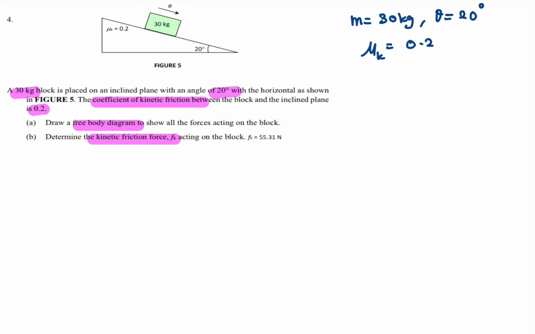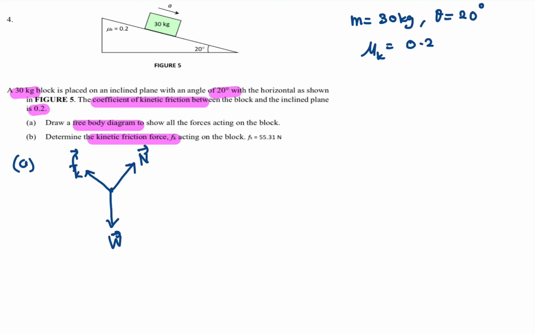Okay, for part A, draw the free body diagram where you have a normal force there, and then the weight, and because it is accelerating downwards, the frictional force is acting upward, kinetic frictional force.